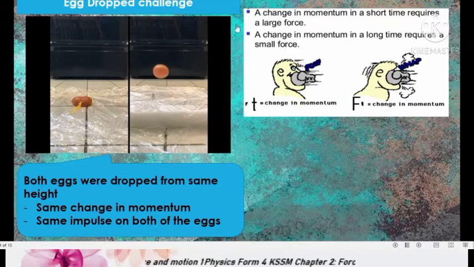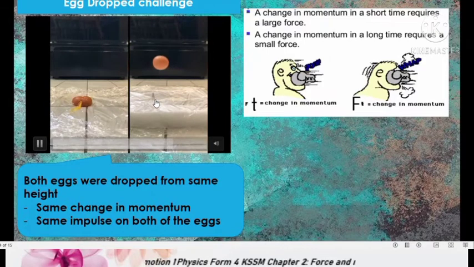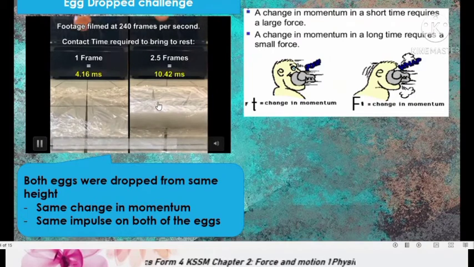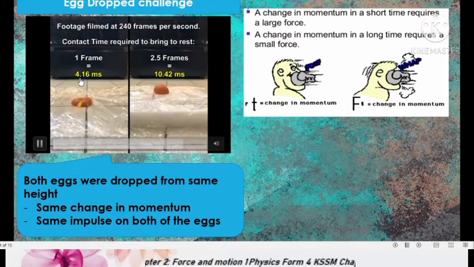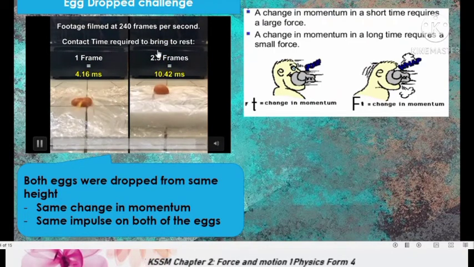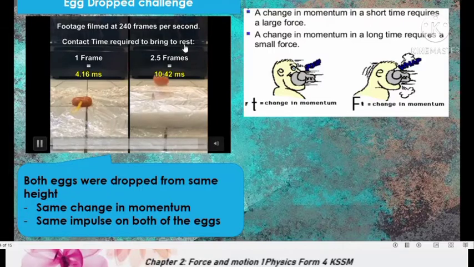Once it touched the foam, it bounces back a few times until it finally stops. The one dropped on the floor took 4.16 milliseconds. The one dropped on the foam took 10.42 milliseconds. So this is the contact time required to bring it to rest, and we call it time of impact.